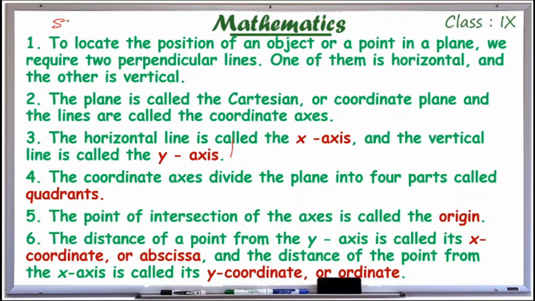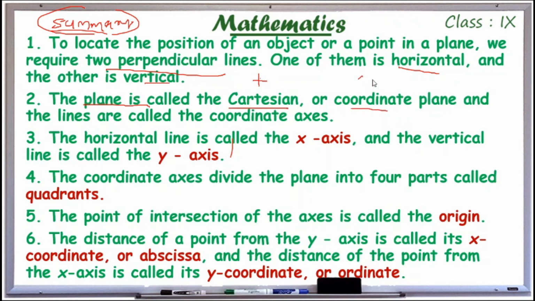This is the summary of your chapter. To locate the position of an object, we require two perpendicular lines, the x-axis and y-axis, horizontal and vertical, and a plane. So we use a plane to mark all these points. The plane is called the Cartesian or coordinate plane.